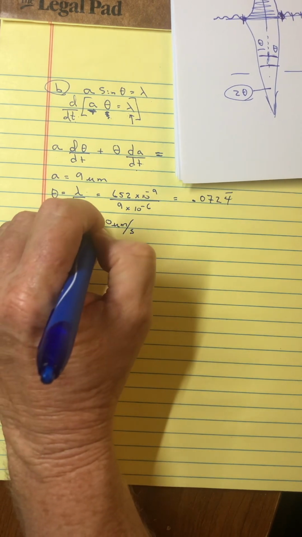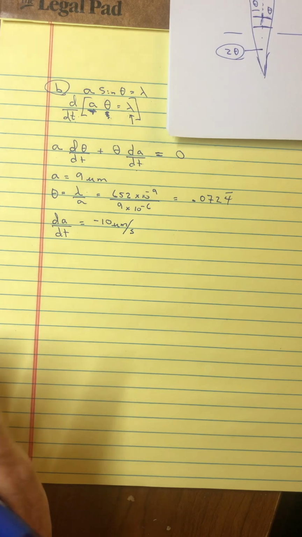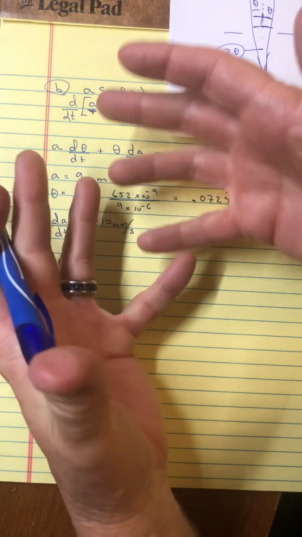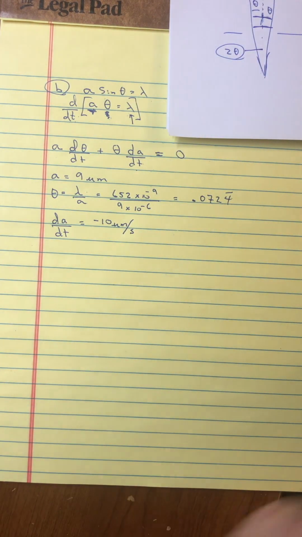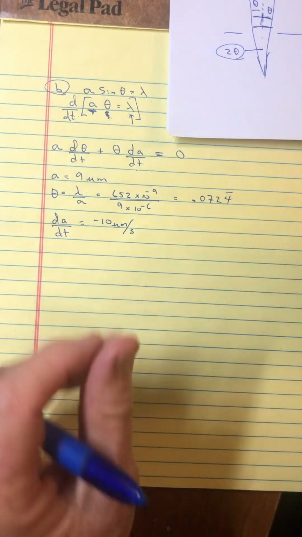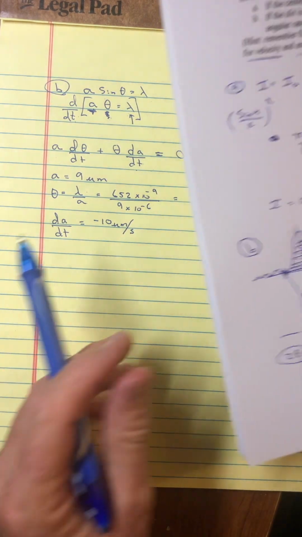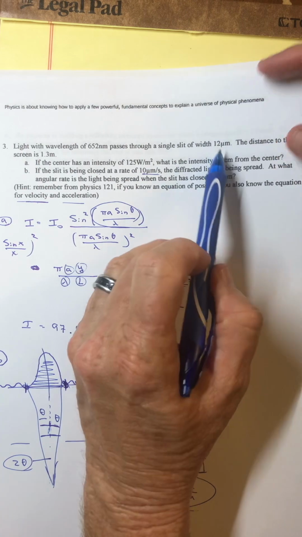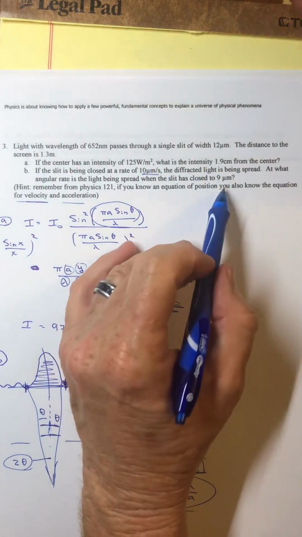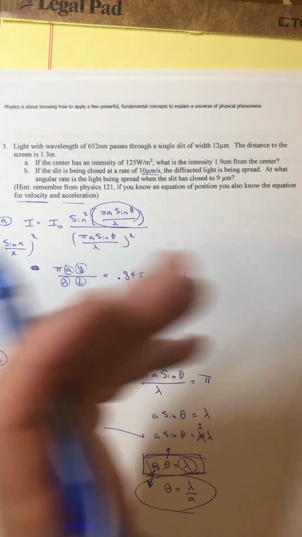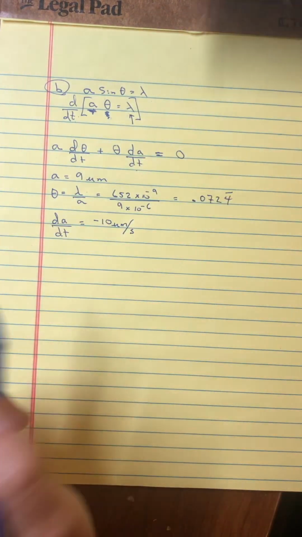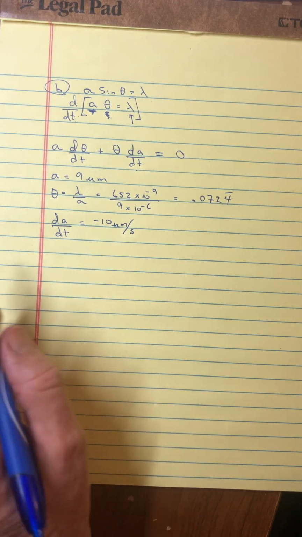Ooh, don't miss this. Negative. It's closing up, right? The a is getting smaller. And so the rate of change is a negative number. It's going from 12 down to 11, down to 10, down to 9. It's a decrease. So read your math carefully here.